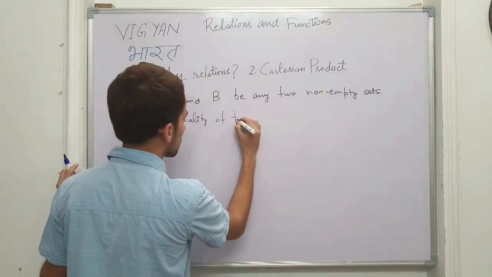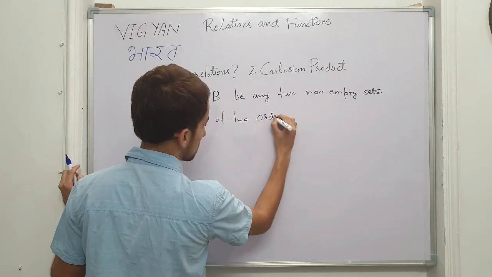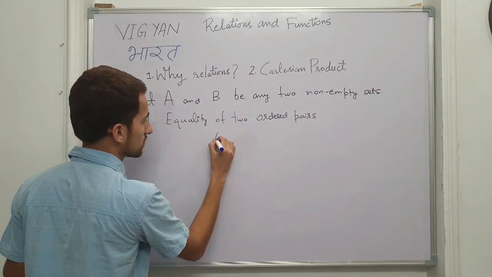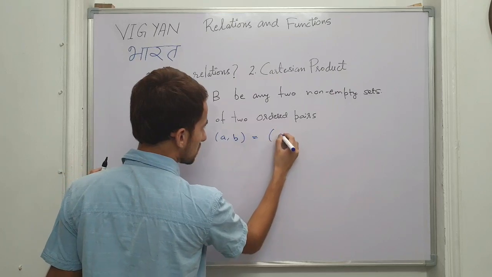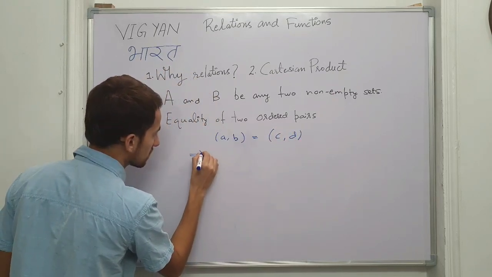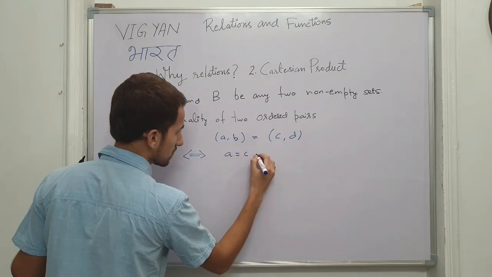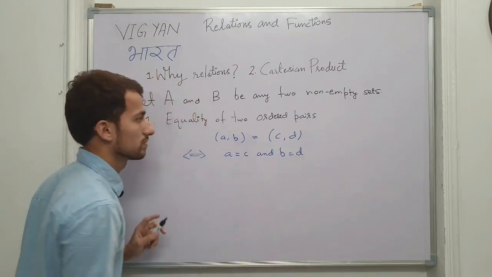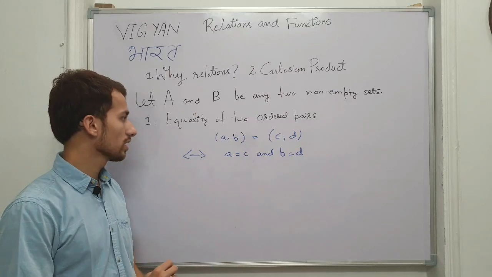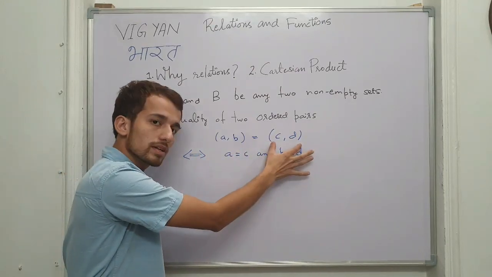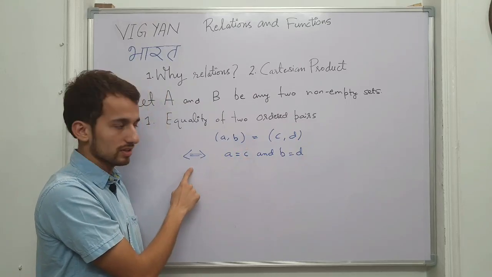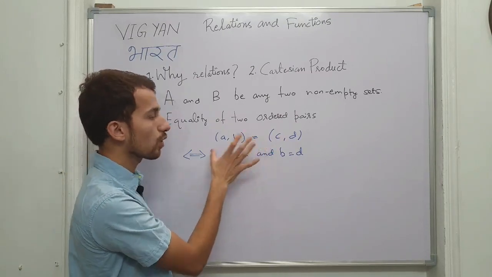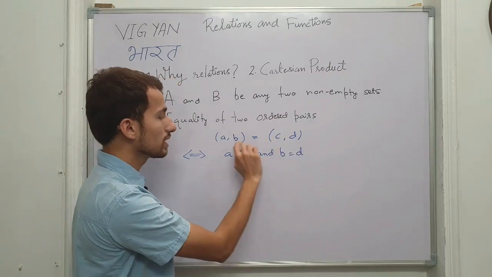We want to understand this now. The two ordered pairs which we have taken, this is the first ordered pair, this is the second ordered pair, they will be equal if and only if these two conditions are satisfied: the corresponding elements are equal, that is, A equals C and B equals D.